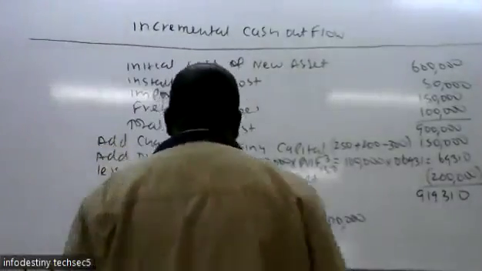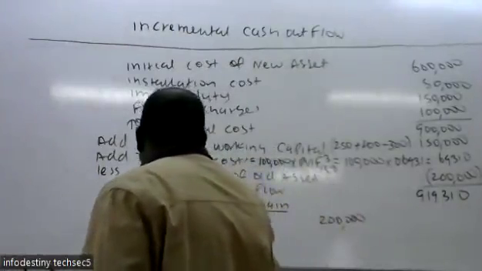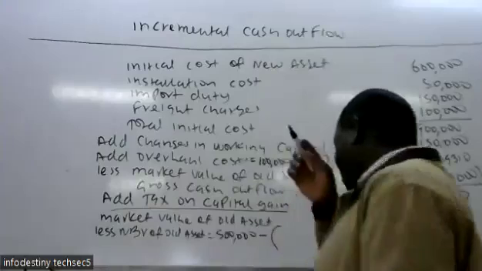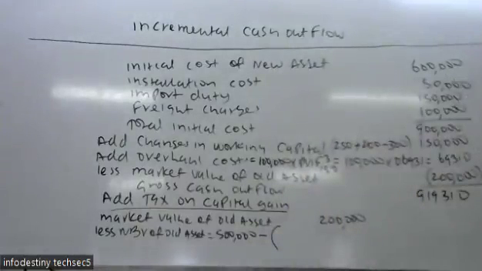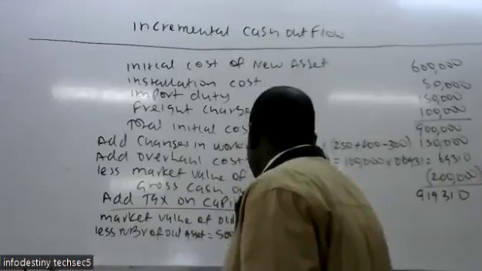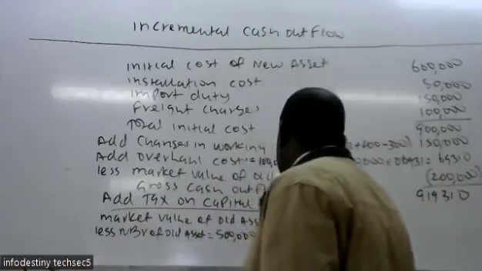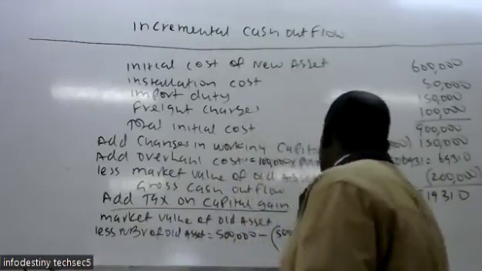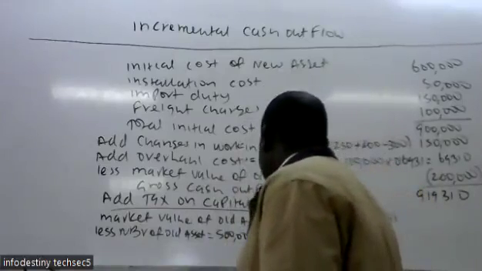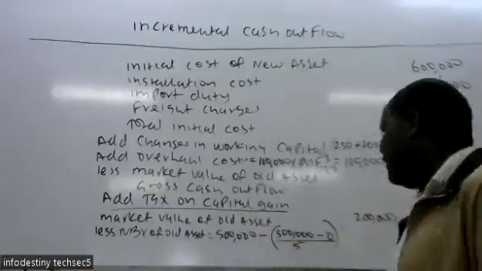So we take the 500,000, we subtract depreciation for the last 2 years. Depreciation will be given by 500,000 minus the salvage value, which was 0. It was supposed to be there for 5 years.